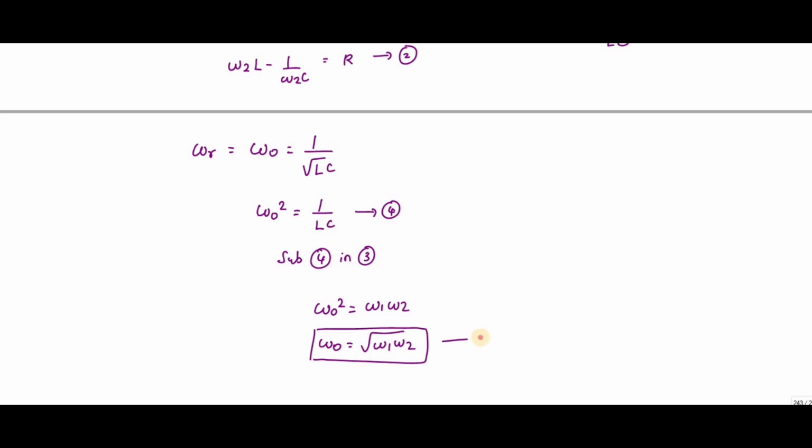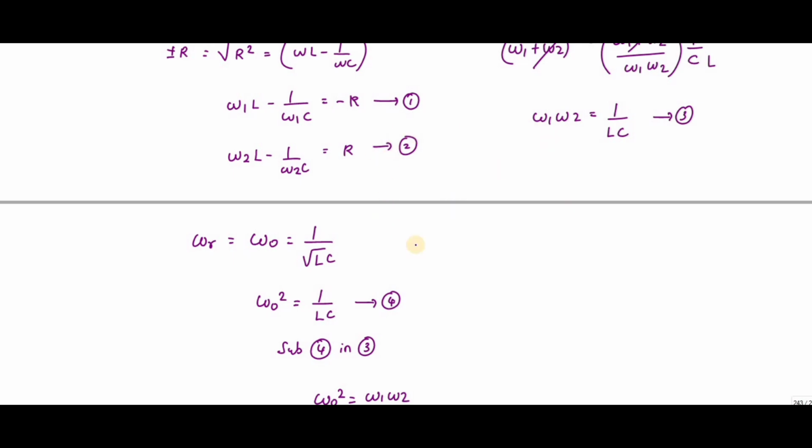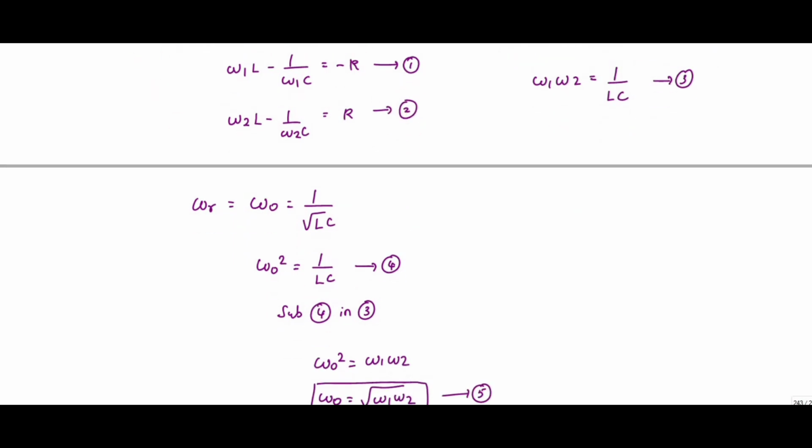So this is your fifth equation. From 1 and 2, if I add, I will get omega 1 omega 2 is equal to omega naught square. If I subtract these two equations, 2 minus 1, I will get omega 2 L minus 1 divided by omega 2 C minus omega 1 L plus 1 divided by omega 1 C, that is equal to 2R.